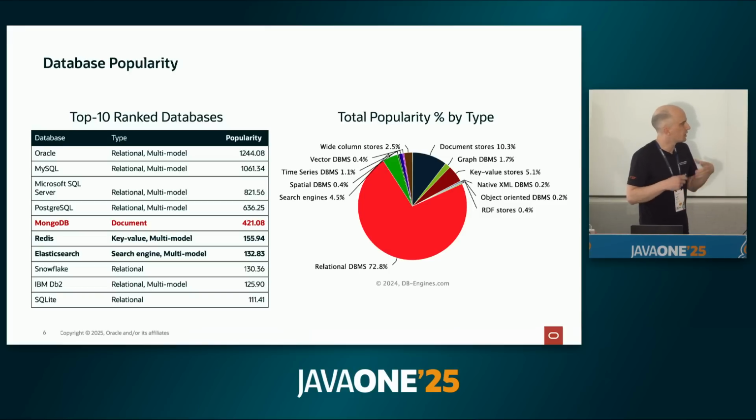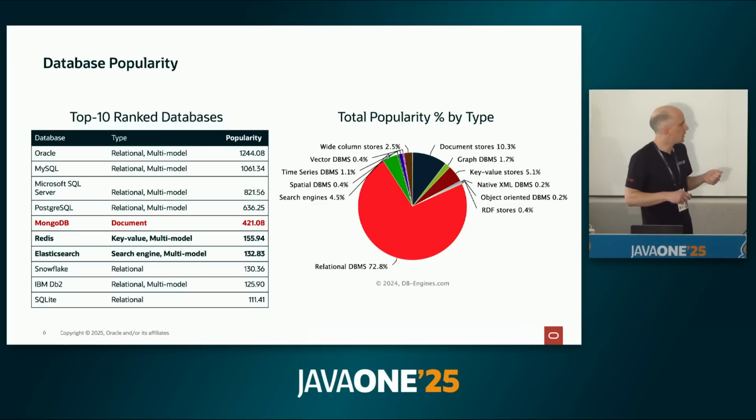Something like this, obviously, you have to take with a grain of salt. But for whatever it's worth, 7 of the top 10 of these popular databases are relational multi-model databases like Oracle, MySQL, Postgres, things like that.